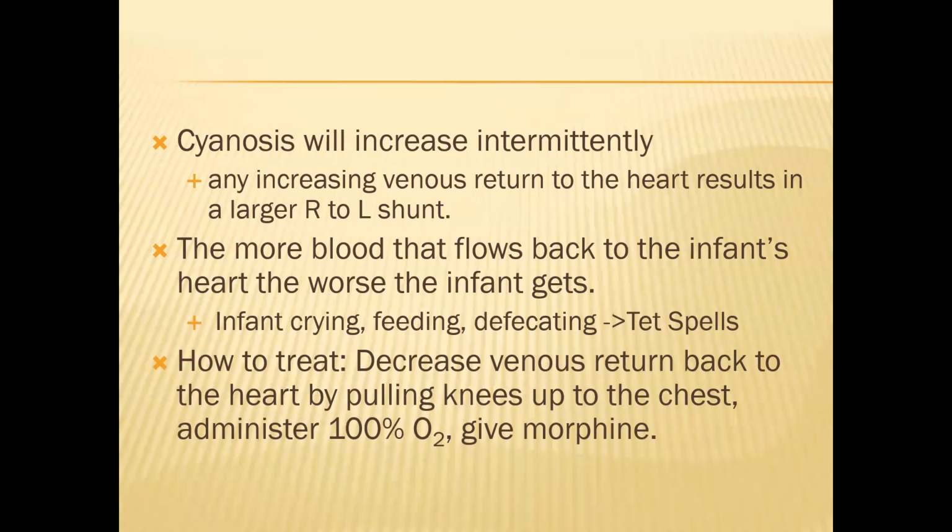Any increasing venous return to the heart results in a larger right to left shunt. So when there's a lot of blood coming into the right ventricle, more blood will go into the aorta from the right ventricle. Make sense so far? Yvonne, is this a defect that's only found in full term babies, or in premature babies too?